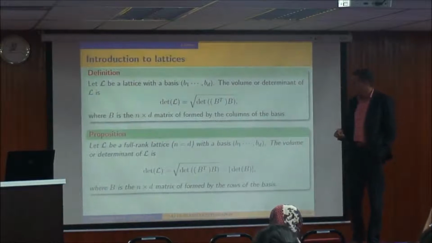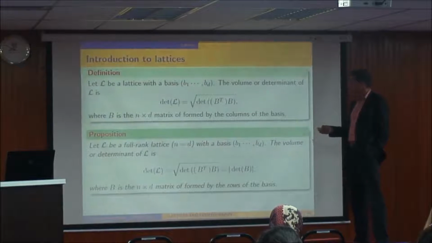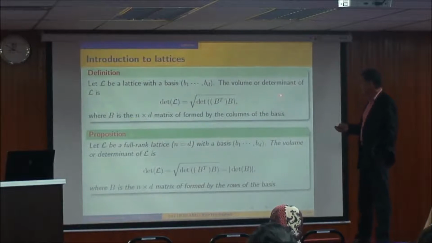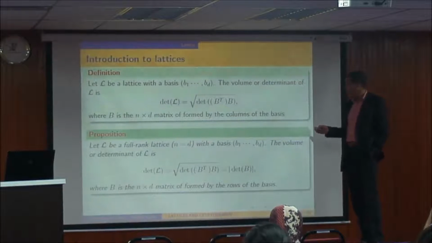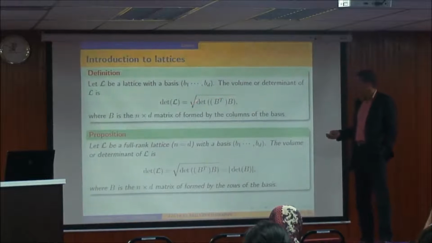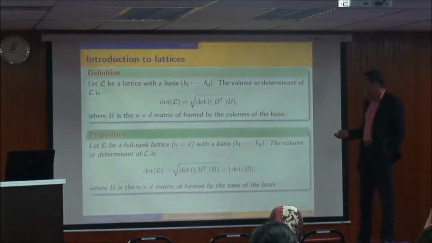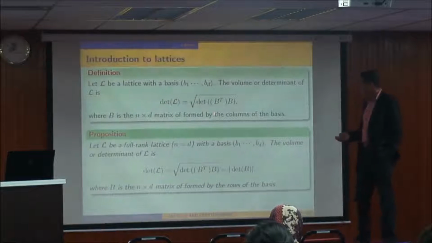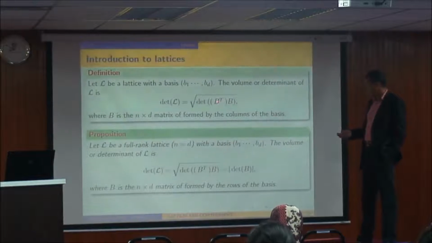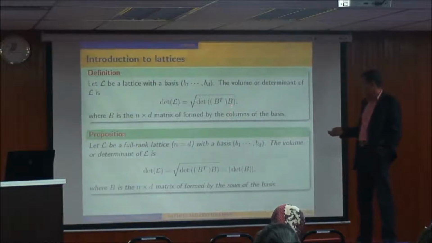And here is an important definition in lattices, about the determinant of the lattice. If you have the lattice L with the basis B1 to Bt, then the determinant of the lattice, also called the volume of the lattice, is simply the square root of the determinant of the product of the basis matrix B by its transpose Bt.